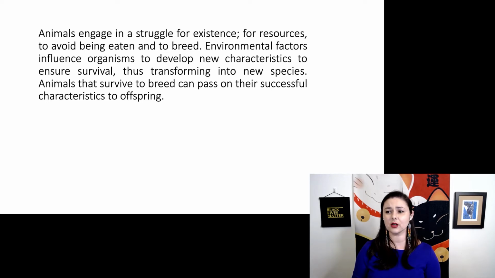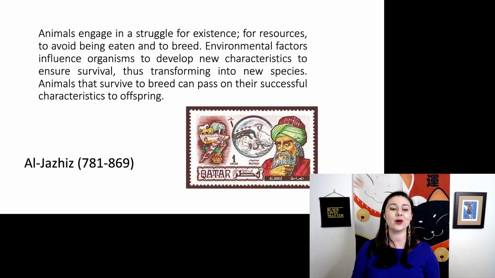And if you didn't know better, most people, when I ask them, assume that this was written by Darwin. However, this is by Al-Jaziz. He is an Afro-Arabian scholar who used to live in what is now Iraq. So a lot of these factors that we acknowledge today as being a part of the theory of evolution have been recognized long before Darwin was ever born.